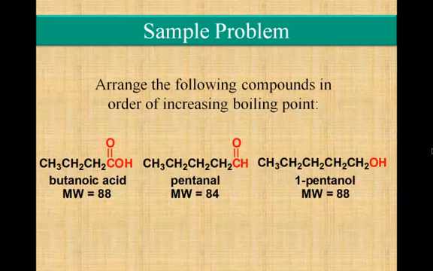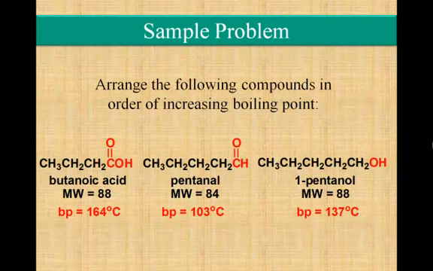The carboxylic acid is capable of forming dimers with each other, or more extensive hydrogen bonds, than the alcohol. So our order is going to be the carboxylic acid first, or having the highest boiling point, followed by the alcohol, 1-pentanol. Finally, pentanal will have the lowest boiling point.